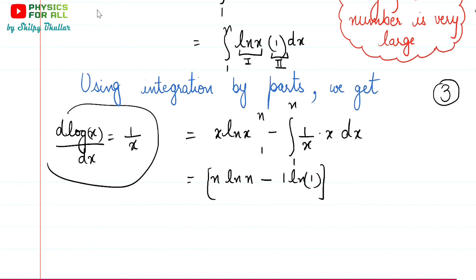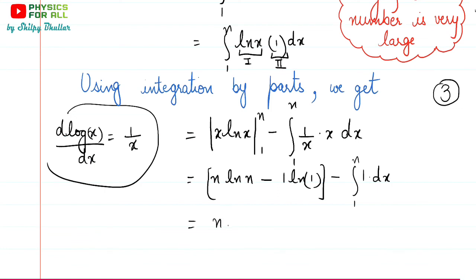Here I'm going to put bars, the moment I don't substitute the values. Okay, so this is the value, and then here what do we have? It's simply 1 dx.